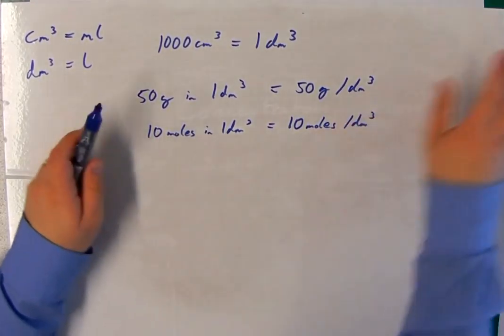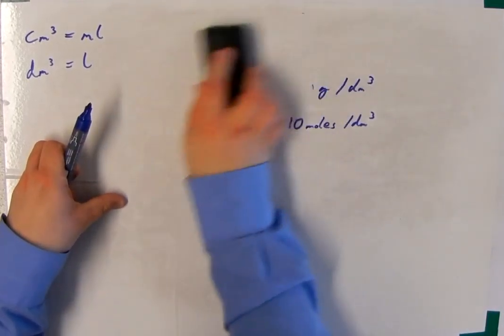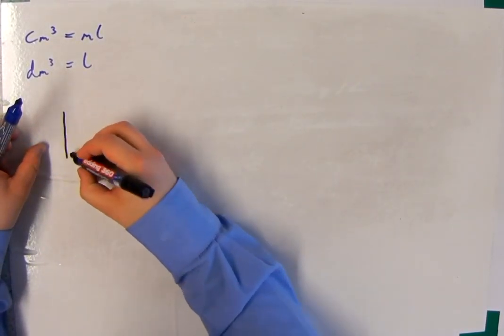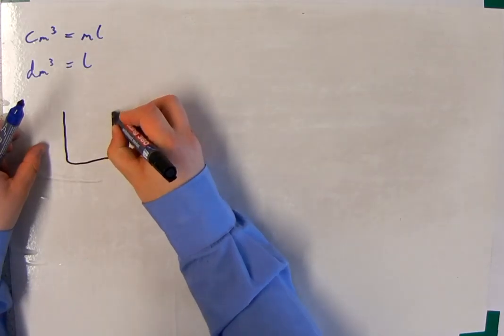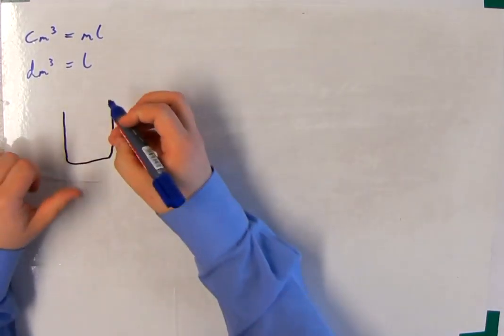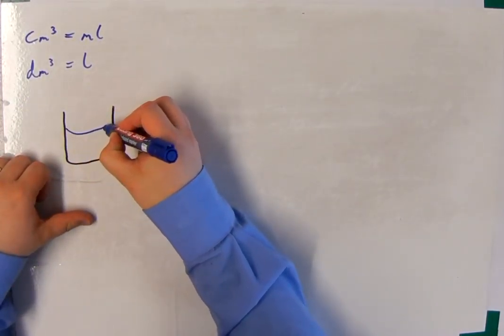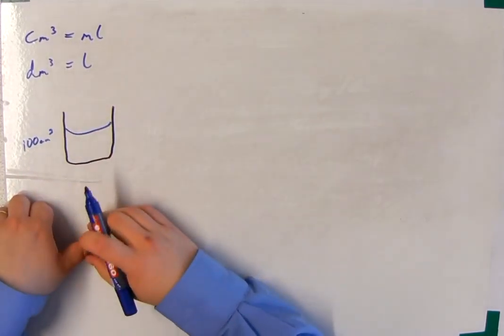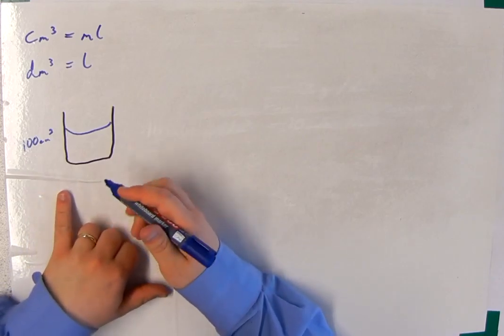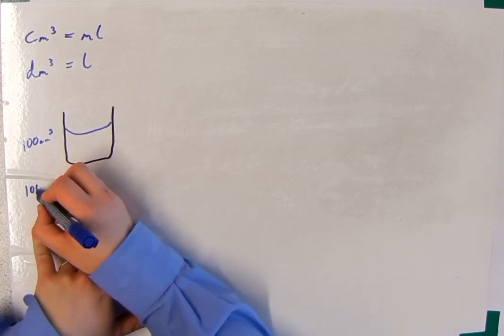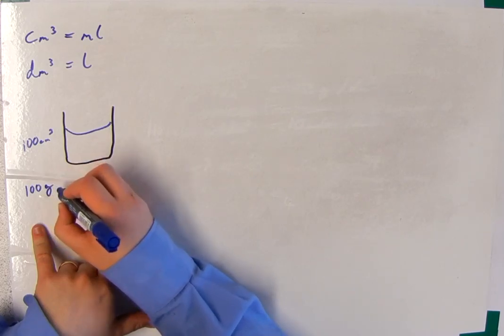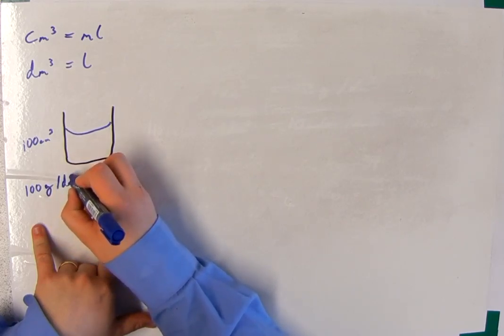Now, the first thing we need to think about is dilutions. Let's say we've got our beaker, and into that beaker we've put 100 centimetres cubed, and it's got a concentration of 100. Let's start with grams per decimetre cubed.